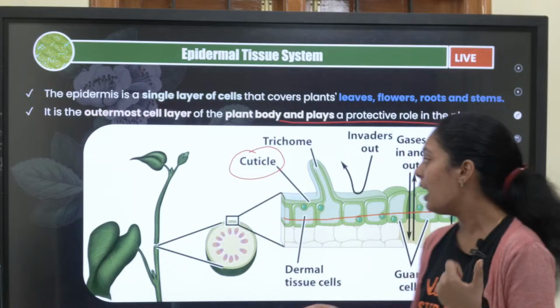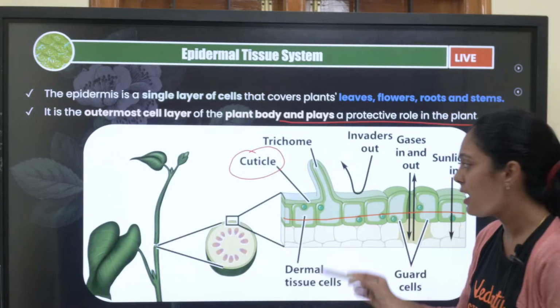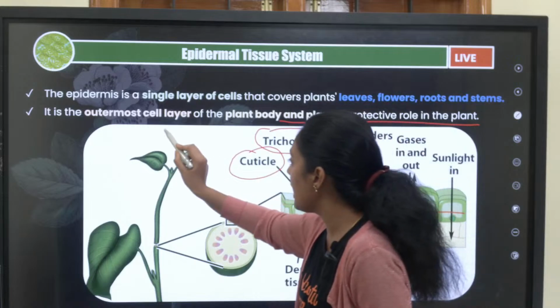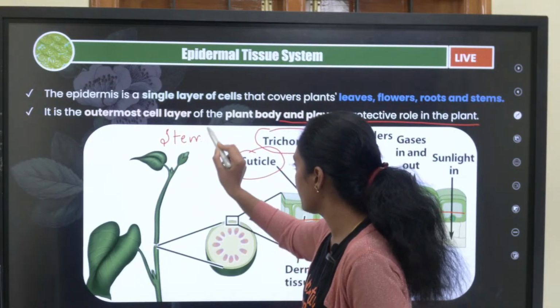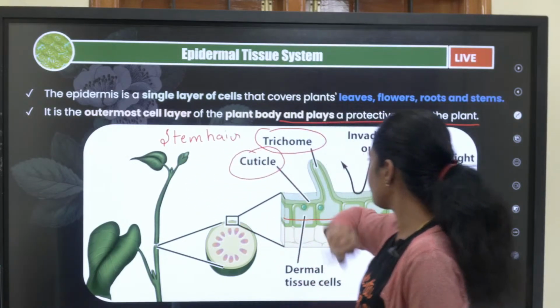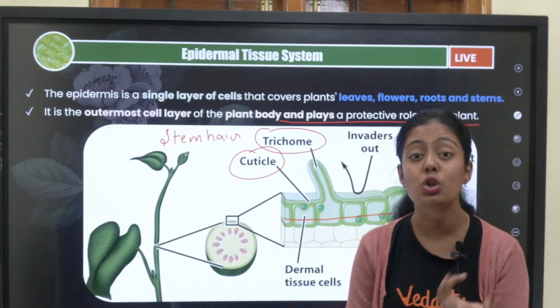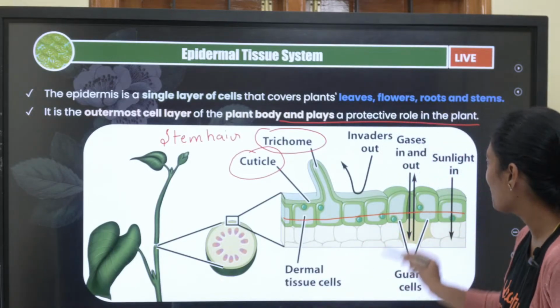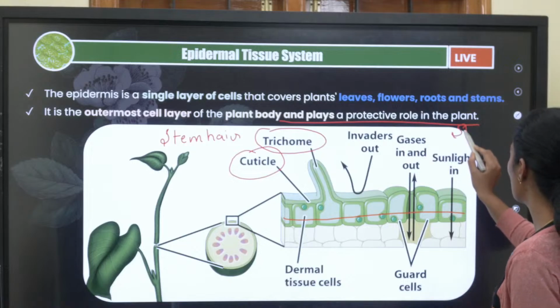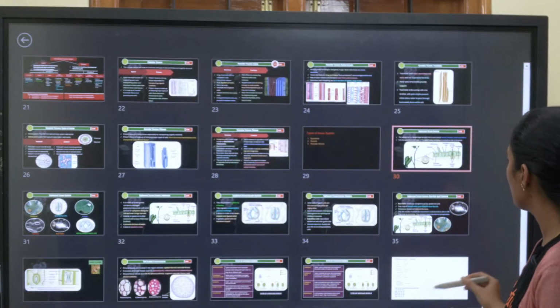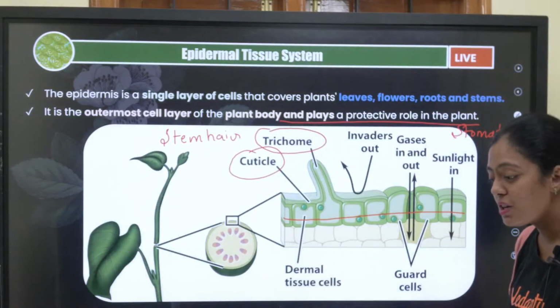You also have certain stems with a modification called trichome. Trichomes are the hairs present on the stem. Then, very important, the epidermis also has stomata. I asked you a question: what is the function of cuticle?